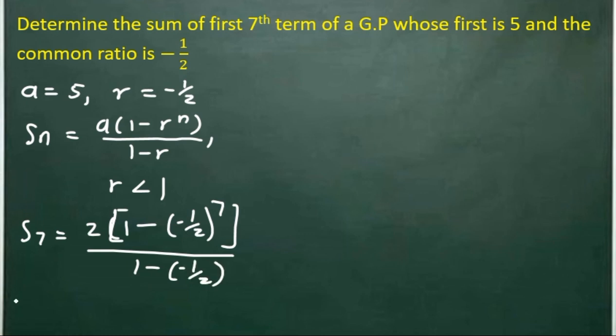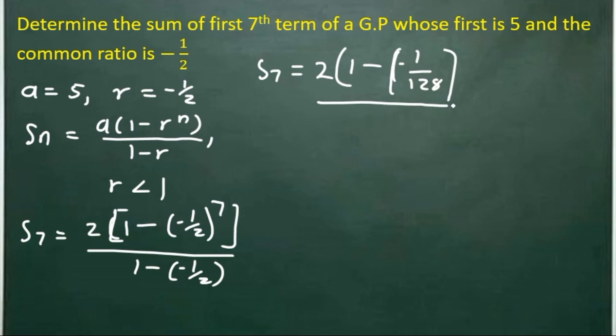So the sum of the 7th term will give us the first term into bracket 1 minus, 1 to the exponent of 7 will give us -1, and 2 to the exponent of 7 will give us 128. All this is being divided by 1 plus 1 over 2.